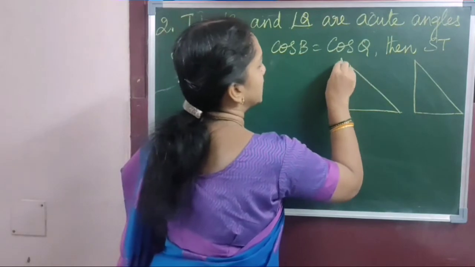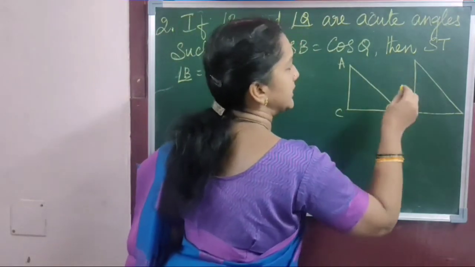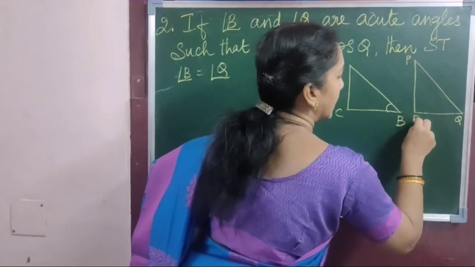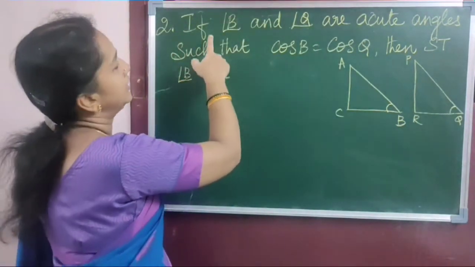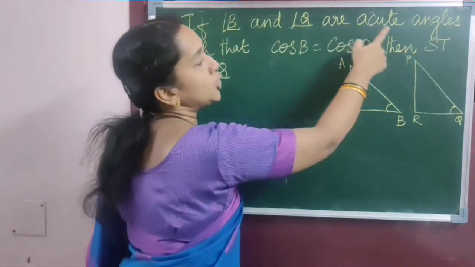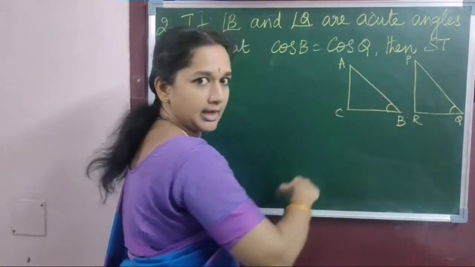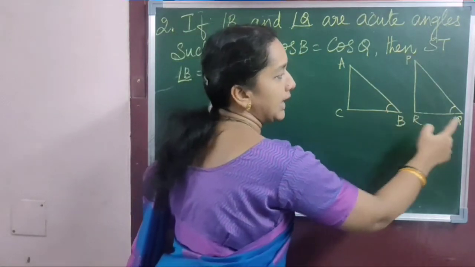First one is ABC, so B is here, and PQR, your Q is here. It is given that angle B and angle Q are acute angles. So you are taking angle B and angle Q in two different triangles.